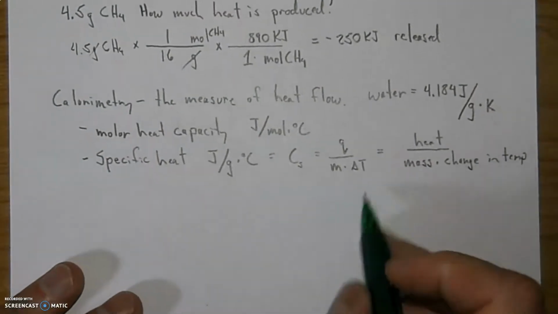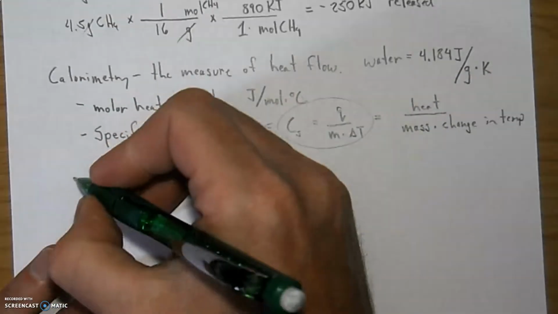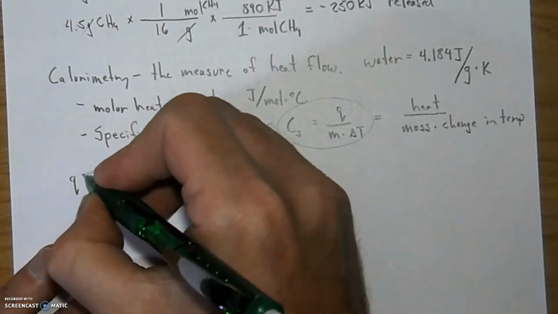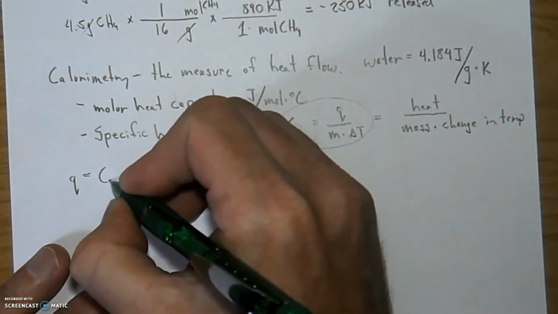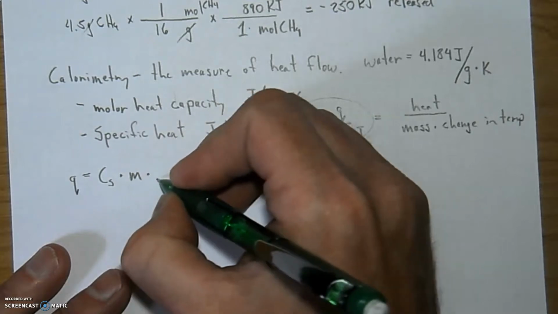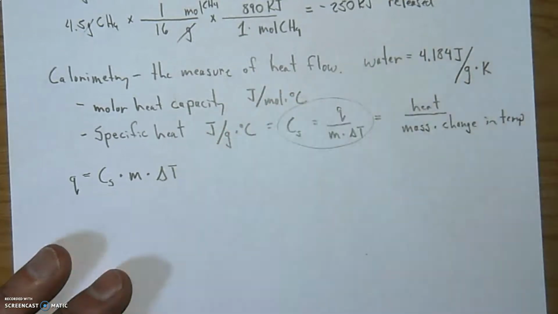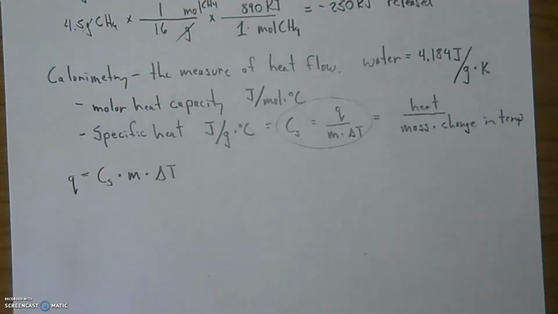And we could rearrange this equation to be something that maybe is familiar to you. Q is equal to C_S times M times delta T. And you might call it something else. I don't know. You have some name for it, which I'm not as familiar with.